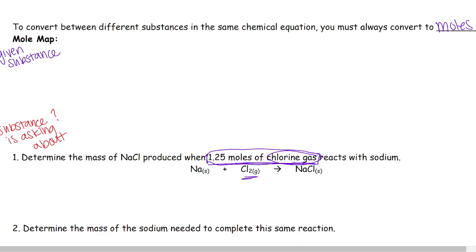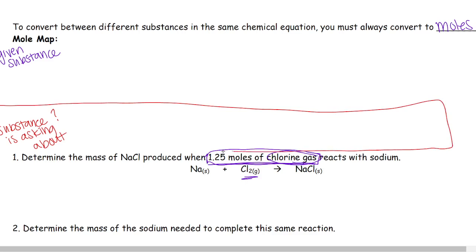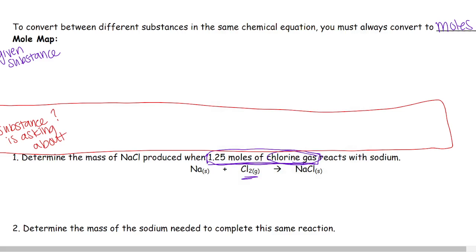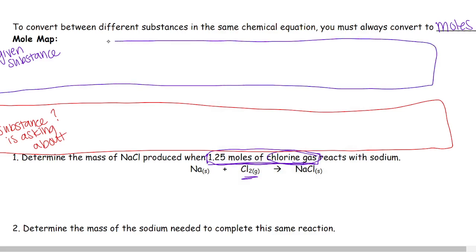I'm using 2 different colors to take us through this. If we are talking about the substance that the question is asking about, that will be there. And if we are in our given substance, which is always where we will start, we will be here.